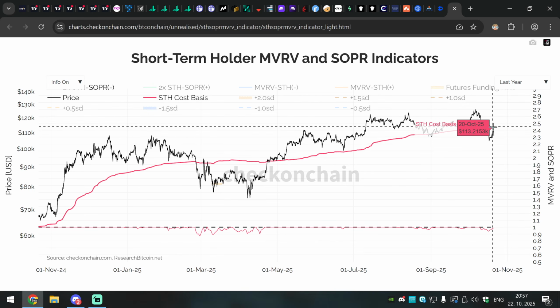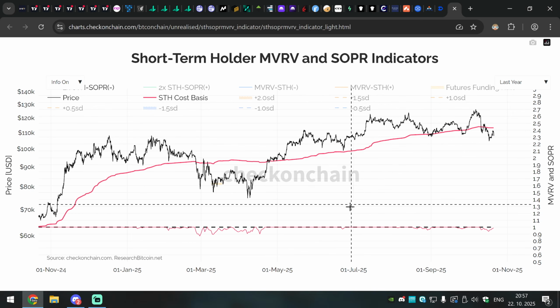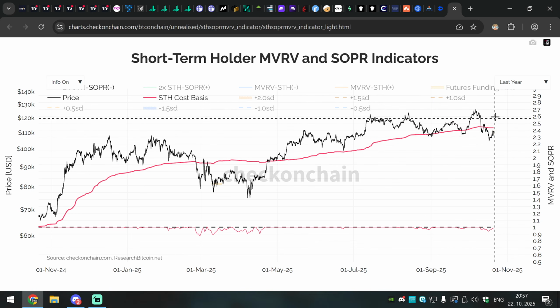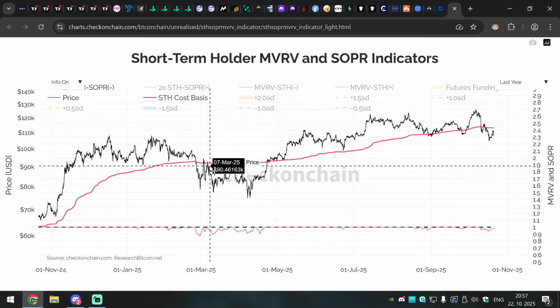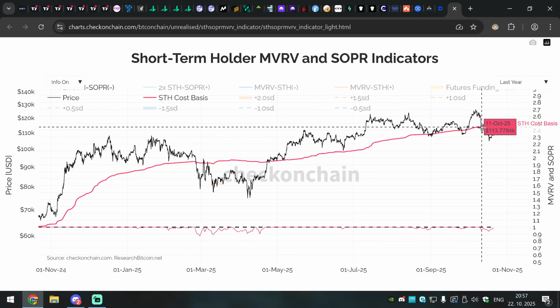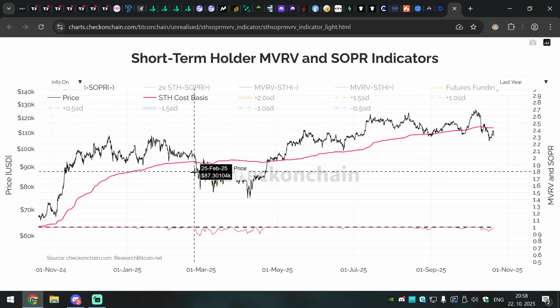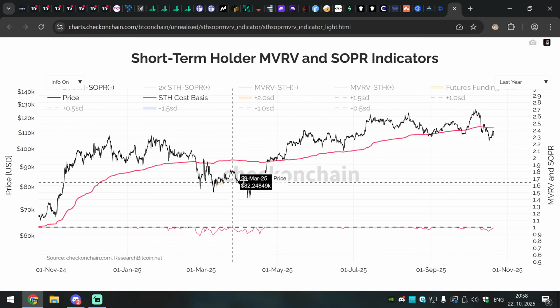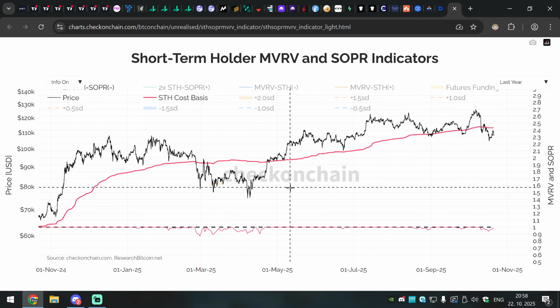So what does Bitcoin need to do? From higher time frames, we need to reclaim this region, 112 to 113k, because some onchain analysis metrics are showing it at 112k. And then you will see a larger rally. Then you have another option: we already were trading around it and we rejected, so we can create a new medium time frame range below it, where some people will be absorbing all that fear and pain.